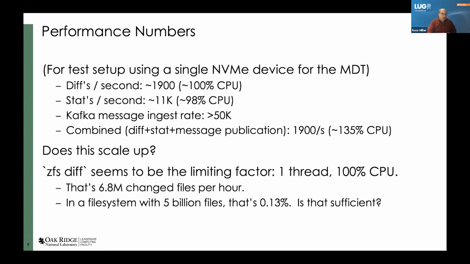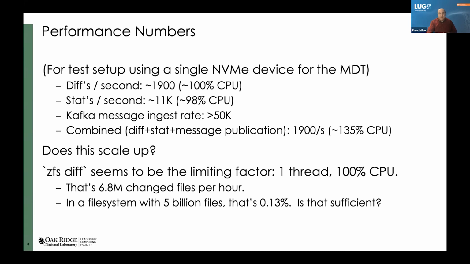And talking with some other developers and colleagues, it seems to probably depend on what your users are actually doing. Some codes that write small numbers of large files, that's fine. The limiting factor is how many different files have changed, not how many bytes have been written.